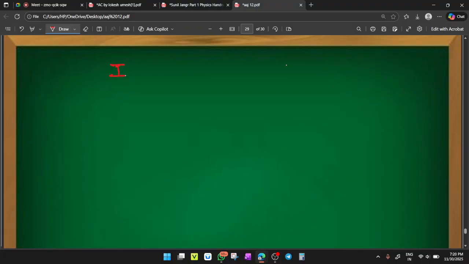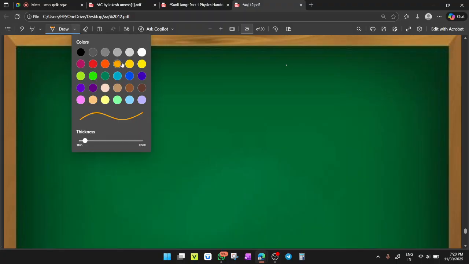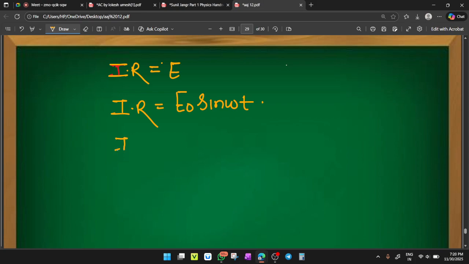Fine. So this I into R becomes equal to E, so I into R equals E naught sin omega t. Clear? Now the time varying current I becomes E naught upon R sin omega t. Yes.